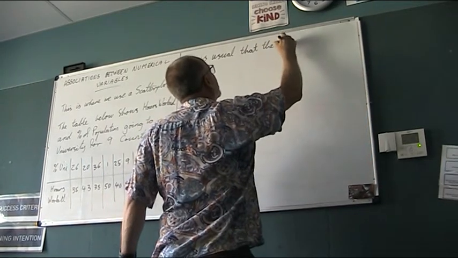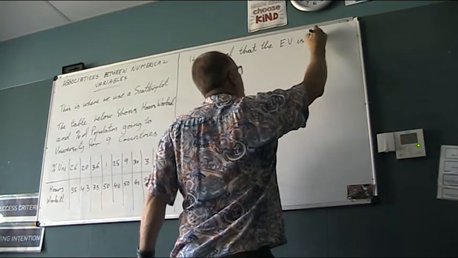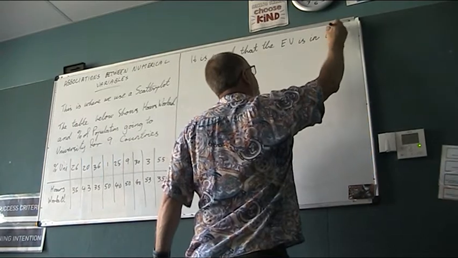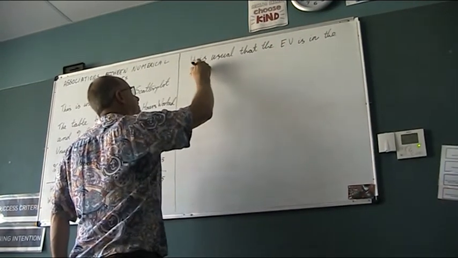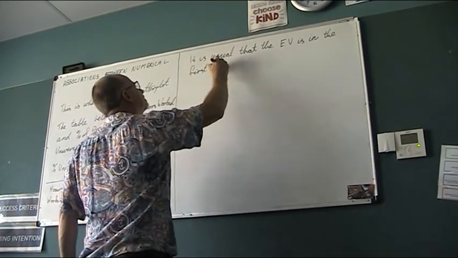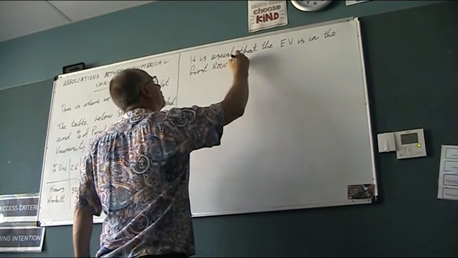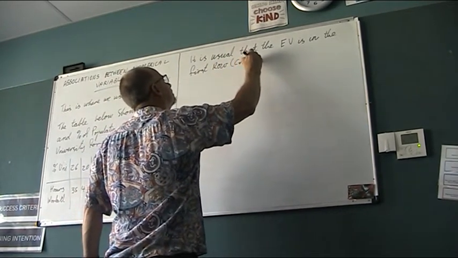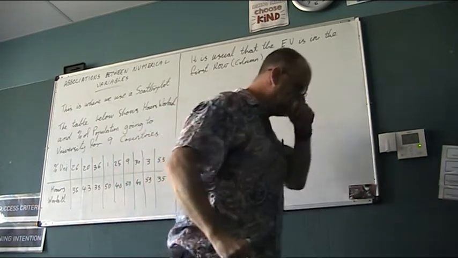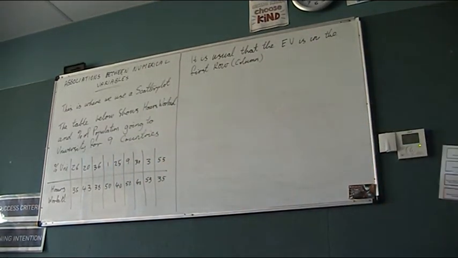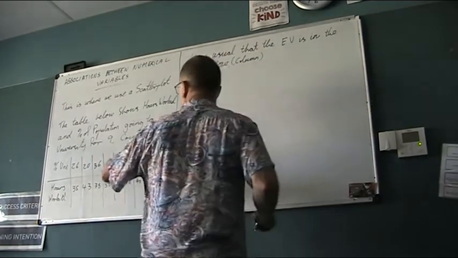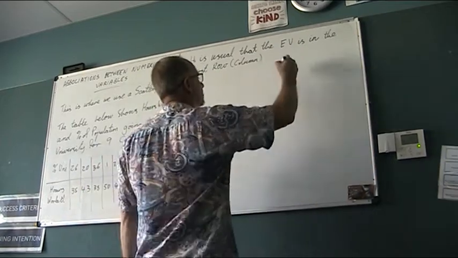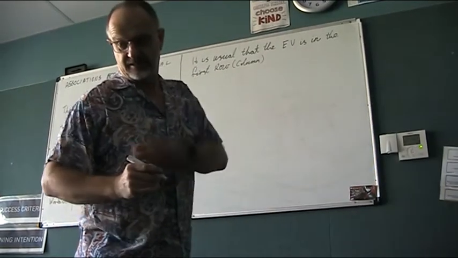So EV is in the first row. Or the first column, if it's in column form, if it's columns rather than rows. And then, of course, if that's the explanatory variable, this is the response variable then, in the second row.